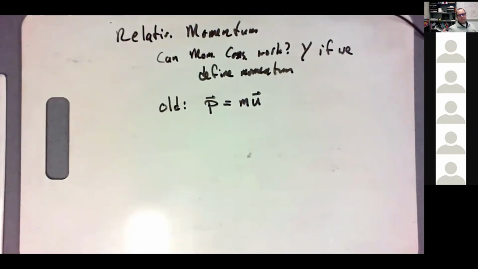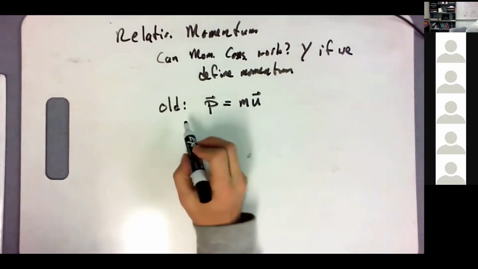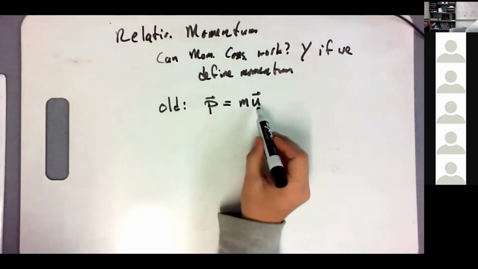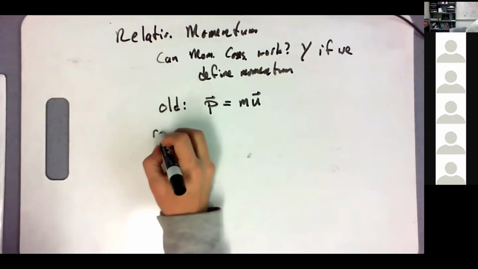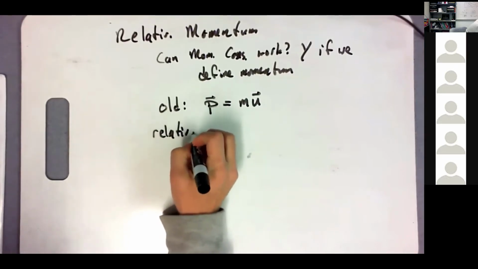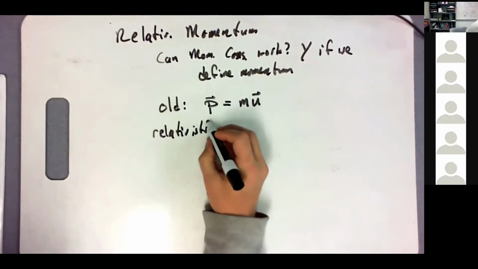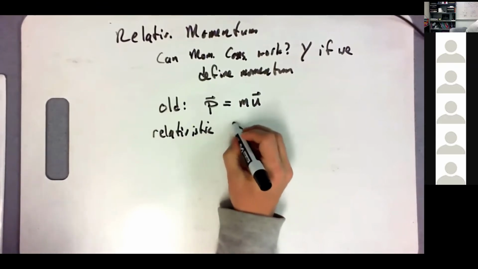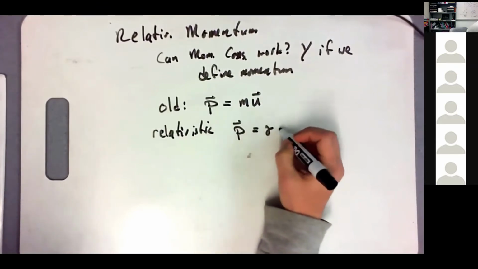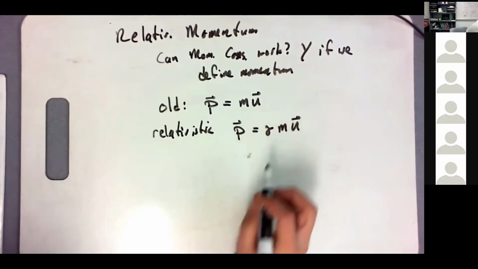V is reserved for the velocity between reference frames; u is the velocity of a particle through a reference frame. So this is exactly the way you defined it in Physics 1, mass times velocity. The relativistic momentum is p equals gamma times m times u.